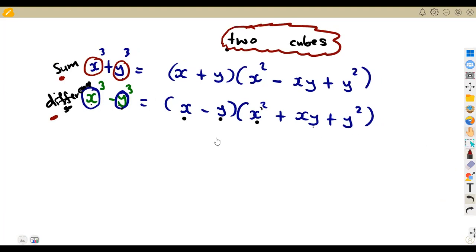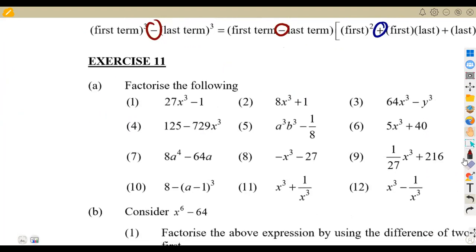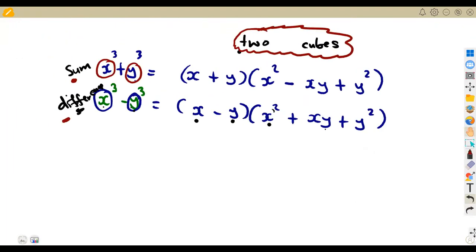Okay, let's consider this. We've got this one, it's a positive, so it's one and the same situation as the last part, 8x cubed plus 1. All right, so this is 8x cubed plus 1. So we want to write this in this format because of the plus, we're going to write it as the first, it's a sum.